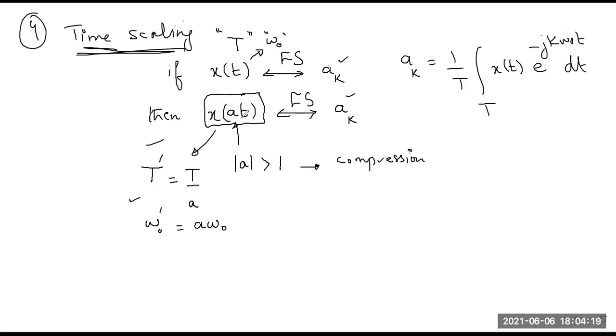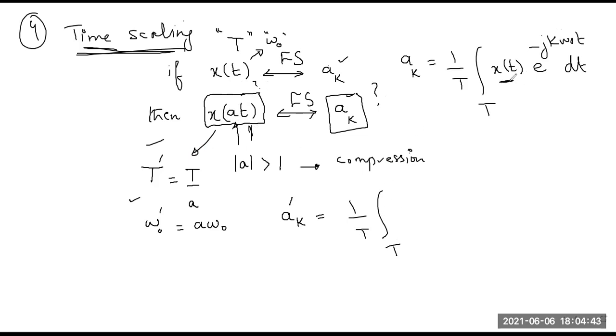We are interested in finding the Fourier series coefficient of this signal. So let's assume that we don't know this result, so this is a question mark. The Fourier coefficient of this signal, let me represent with a different symbol, let's call it ak dash, which is the Fourier coefficient of this signal.